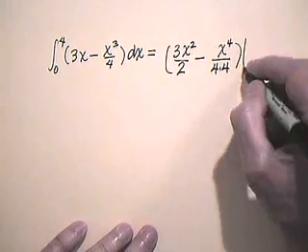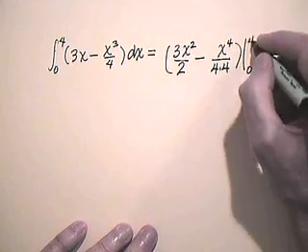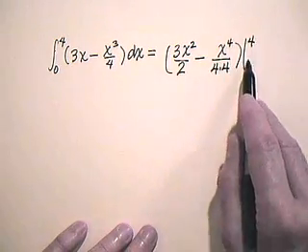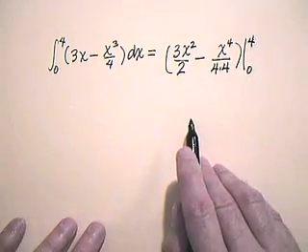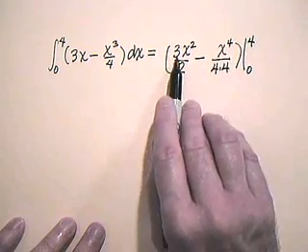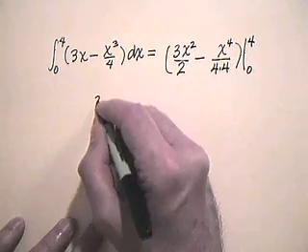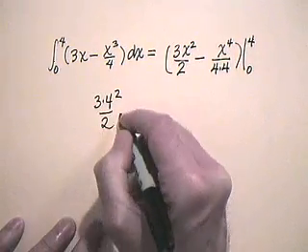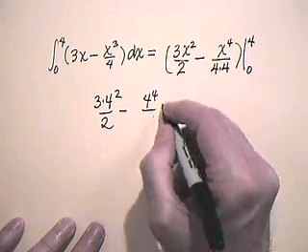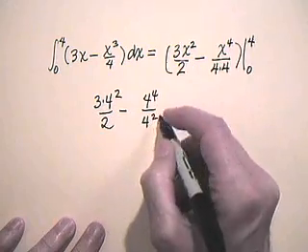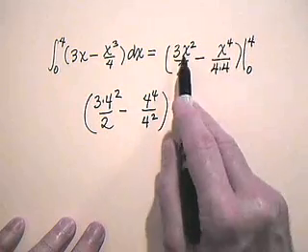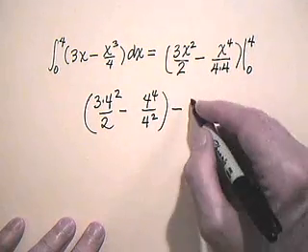Now by the fundamental theorem of calculus, I know that if I take this antiderivative and evaluate between these two limits, I get the value of the definite integral. So we begin by putting in x equal 4: 3 times 4 squared divided by 2 minus 4 to the 4th power, and in the denominator we have 4 squared. Then we subtract what we get by putting 0 in for x, which of course is just 0.